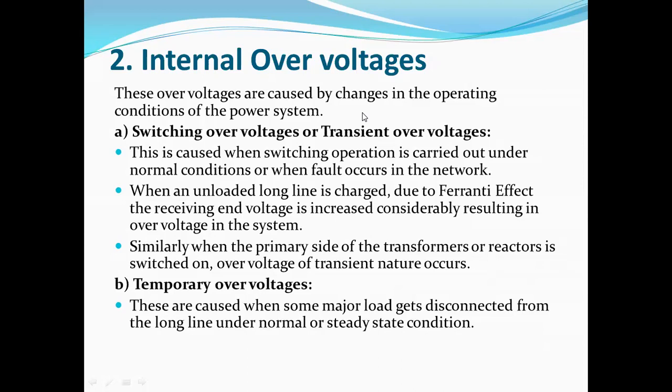And when we are switching any line or any equipment under normal operating conditions, the voltage also increases. Then, when an unloaded long line is charged, due to the Faraday effect the receiving end voltage increases.